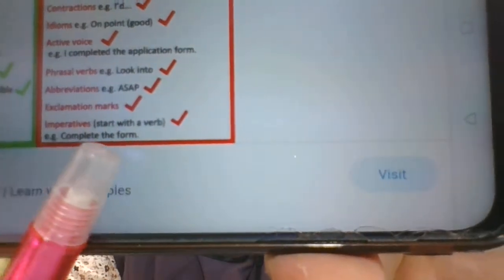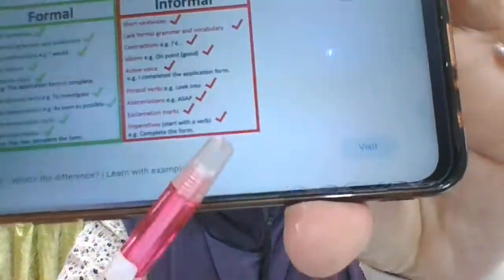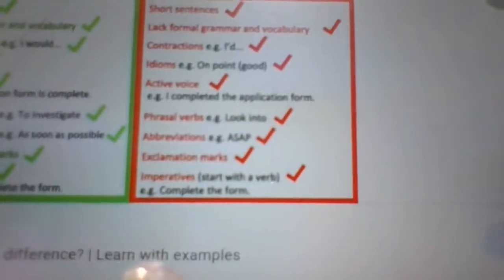But in informal, complete the form. Directly you can give, memberi arahan, right? So imperative means kata-kata yang memberi arahan. In informal you can directly say complete the form, isi borang tu.